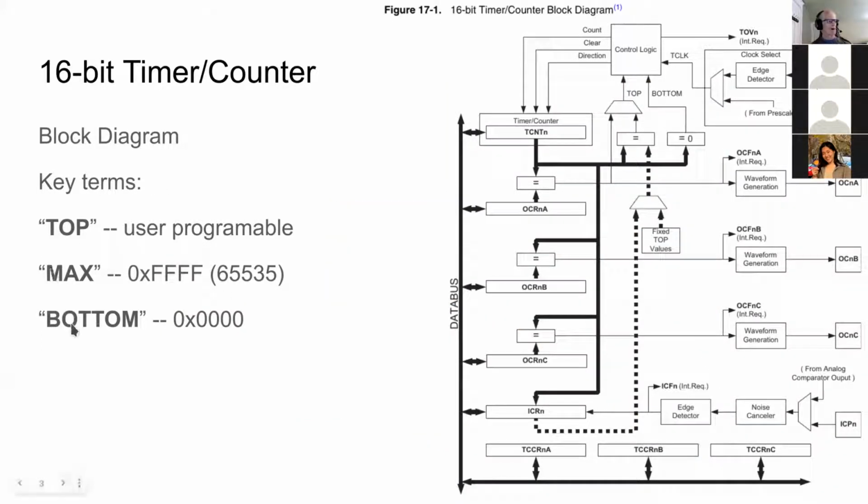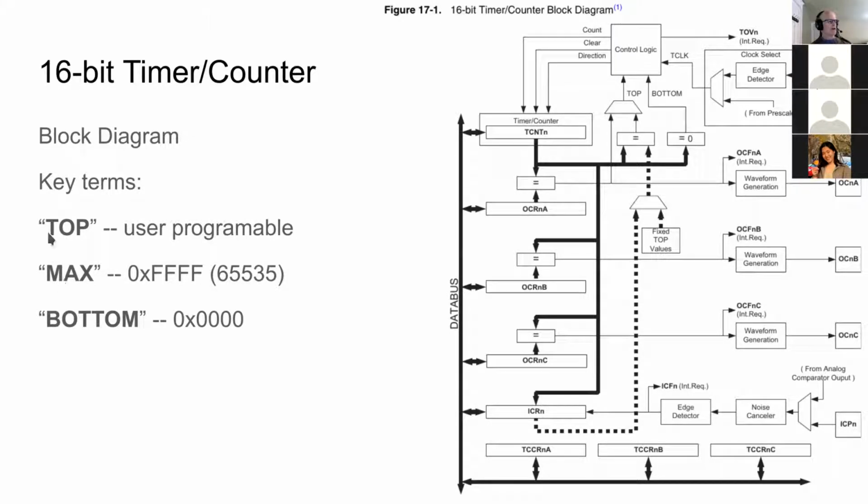Top, max, and bottom. Bottom's easy, bottom is equal to 0. It just means the counter's at the bottom of its range. Max is also easy. For a 16-bit counter, it's hex FFFF, which is 2 to the 16th minus 1.